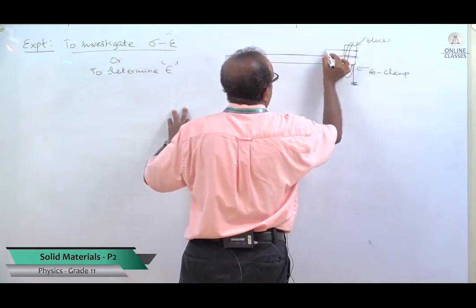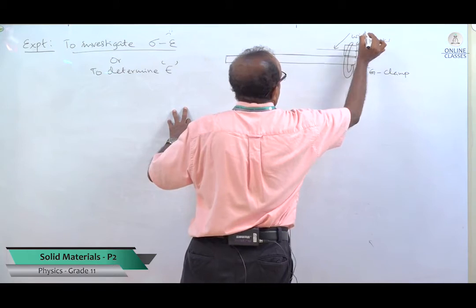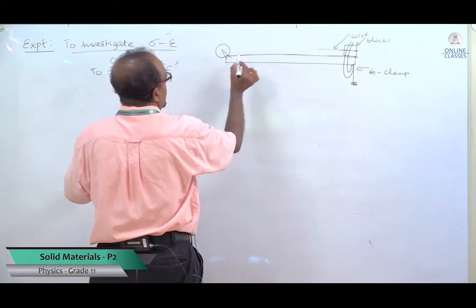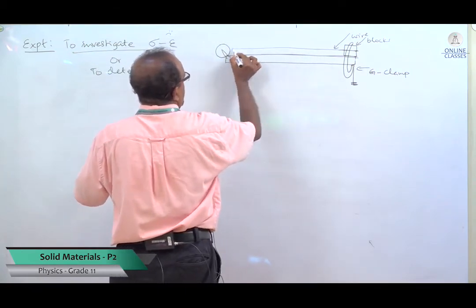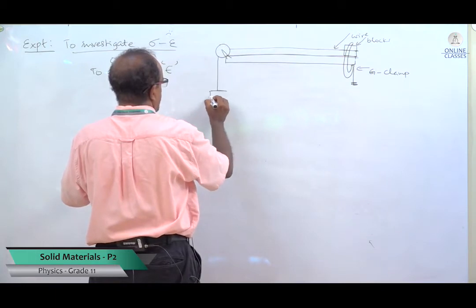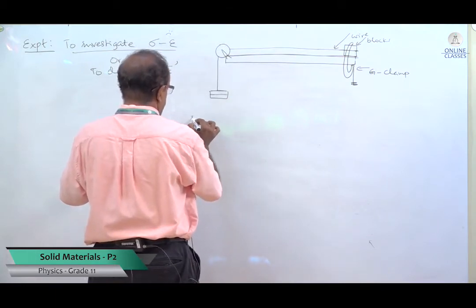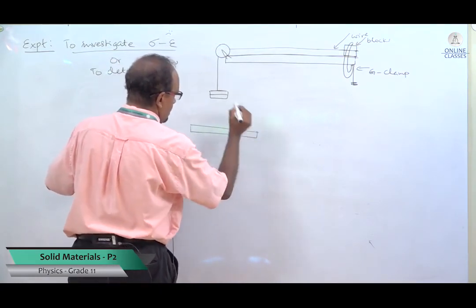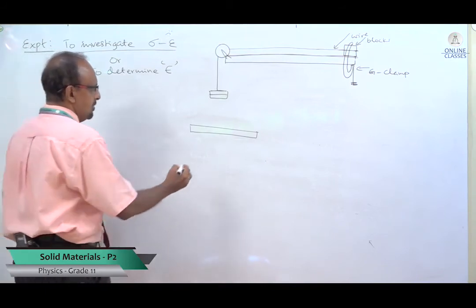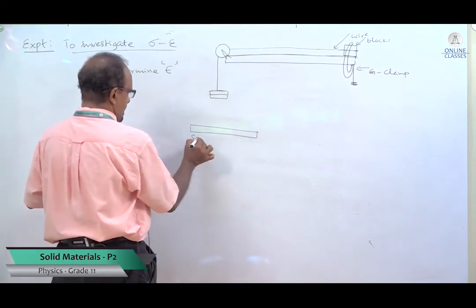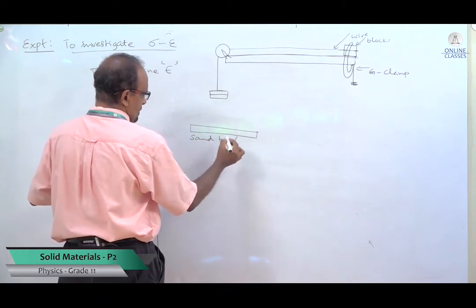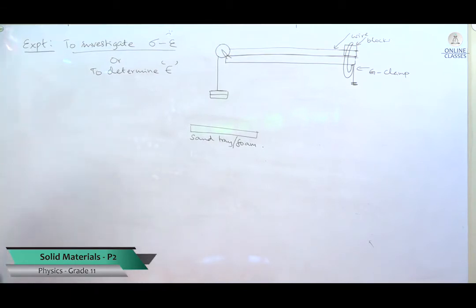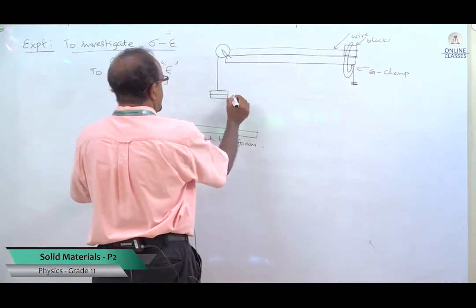This is the wire, and at the end there is a pulley. The wire goes straight, and here we are keeping some weights, and below we keep something like a mattress or sand tray as safety to avoid weights falling onto the foot.